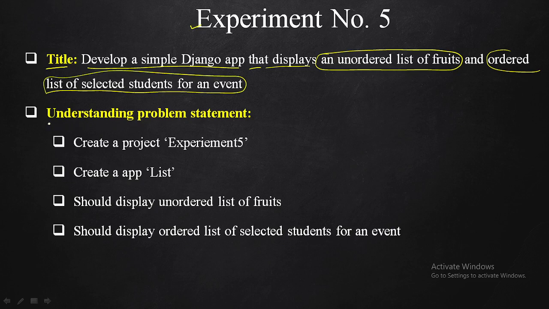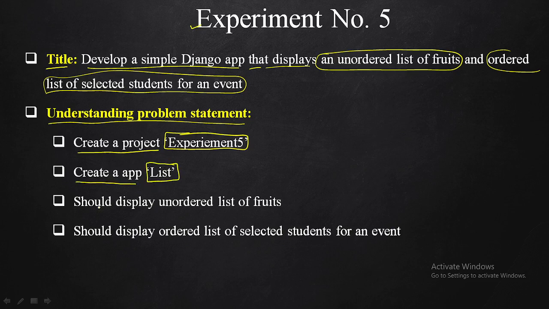Let's understand the problem statement. In this experiment, first of all, we have to create a project. Let's give the name experiment 5 to this project. Inside this project, create an app. Give this app the name list.